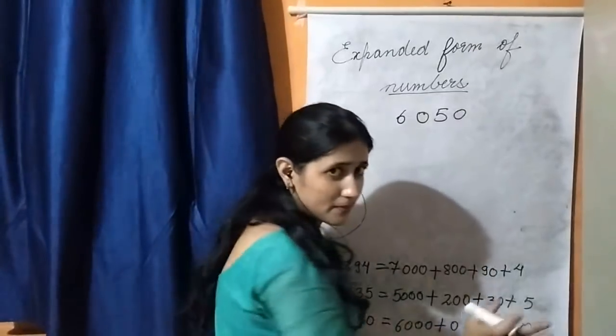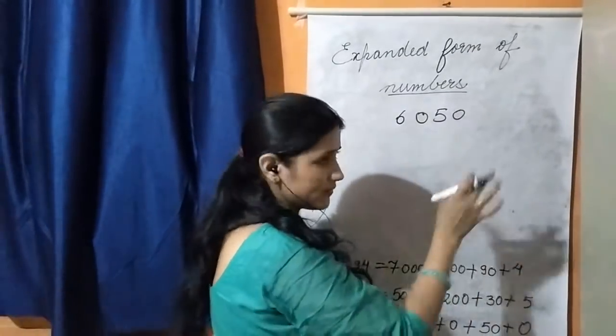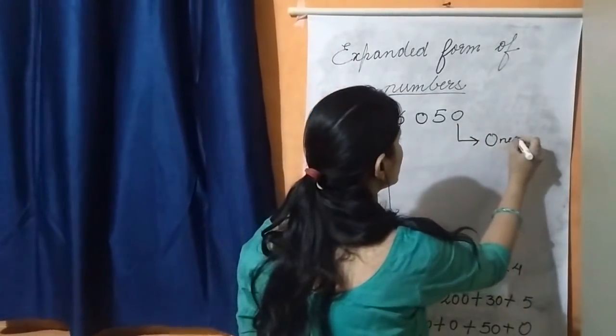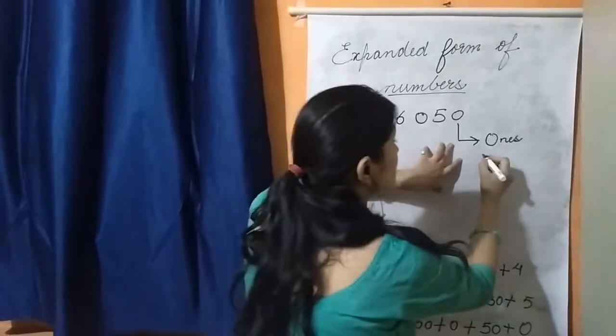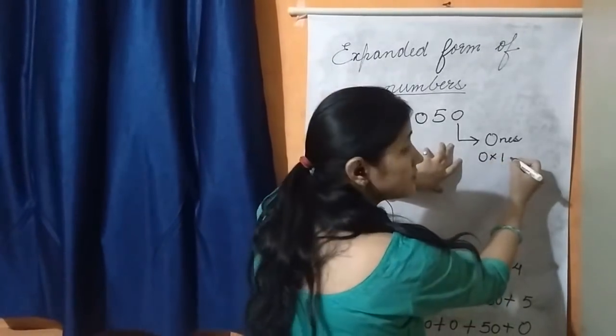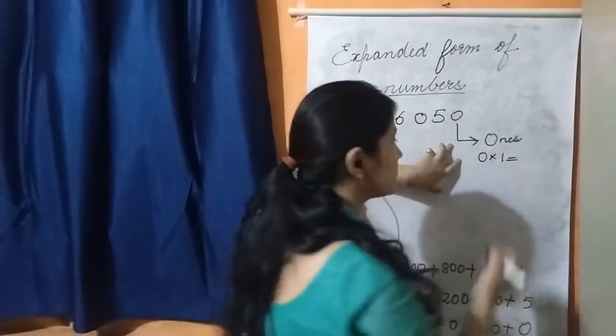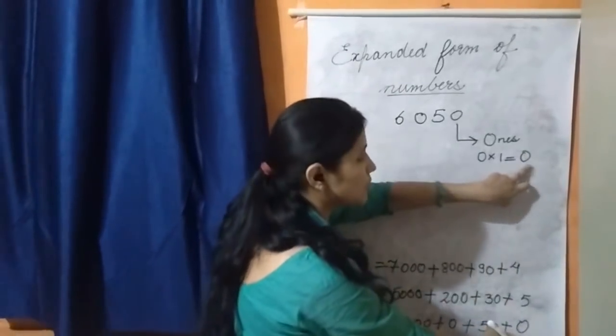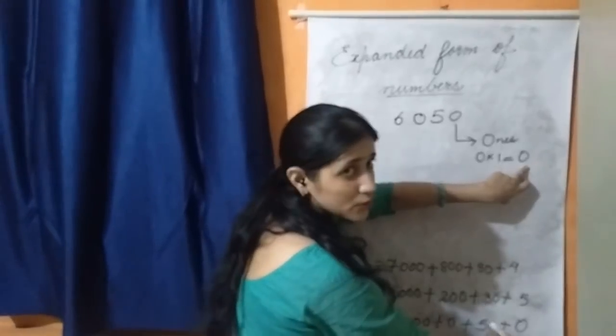Here we have added the place values only. Firstly, we will find the place value of 0. 0 at which place? 1's place. That means 0 multiplied by 1, and 0 multiplied by 1 will be 0 only. So I have written 0 here. There are 0 ones, so 0 is going to be at 1's place.